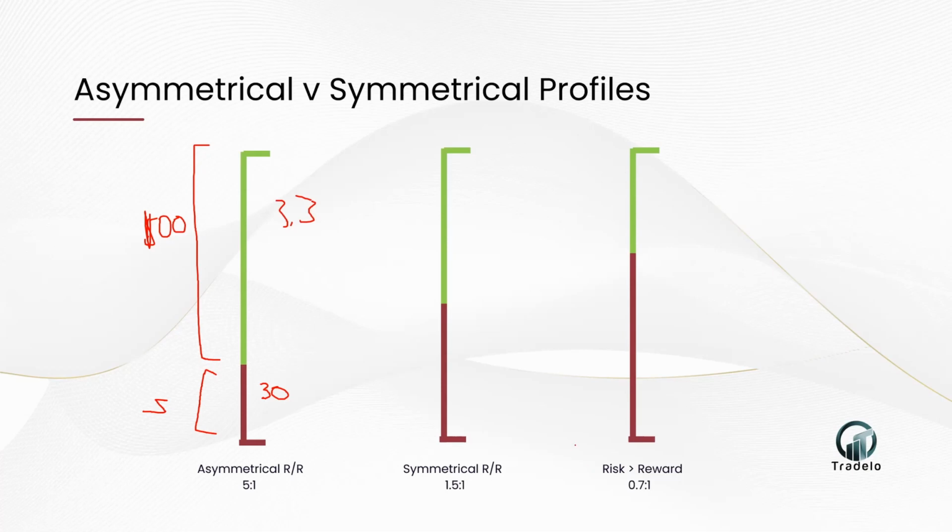It's very, very important that when you are working out your stops, you must know whether your trade strategy has asymmetrical opportunity, symmetrical opportunity, or a risk where the reward is less than the risk you're taking. You need to know this. Why?